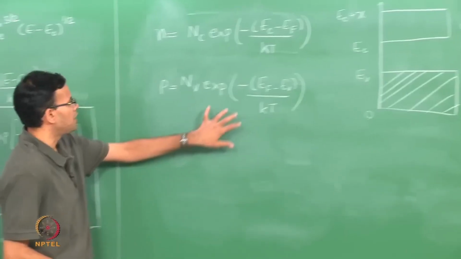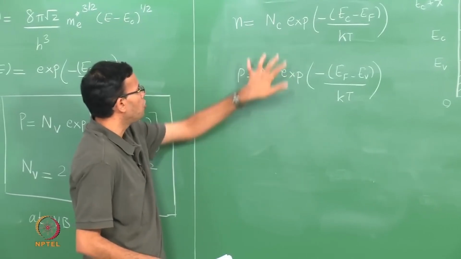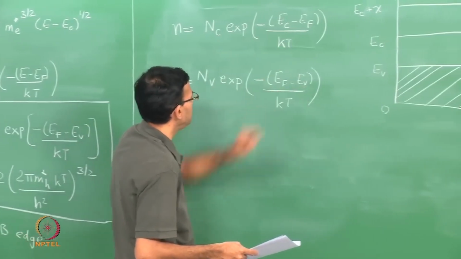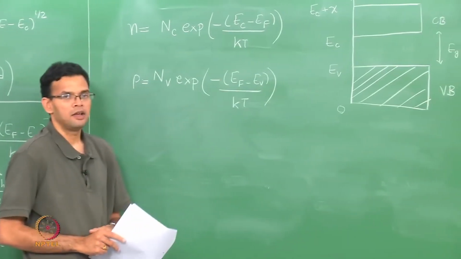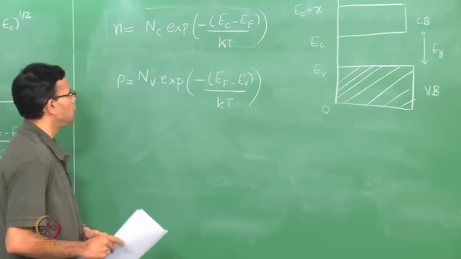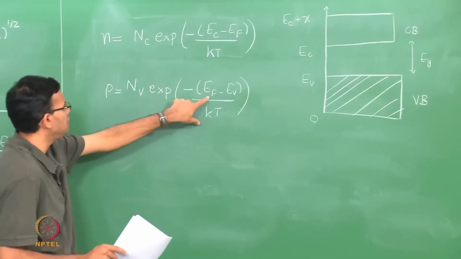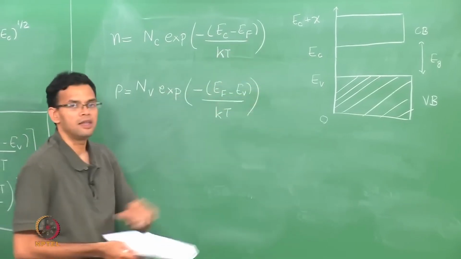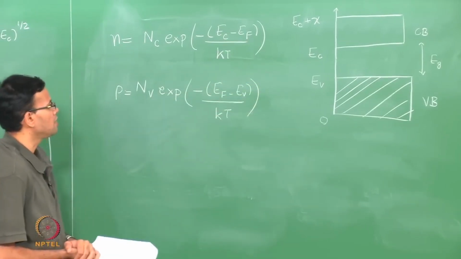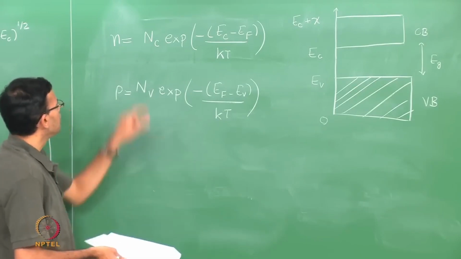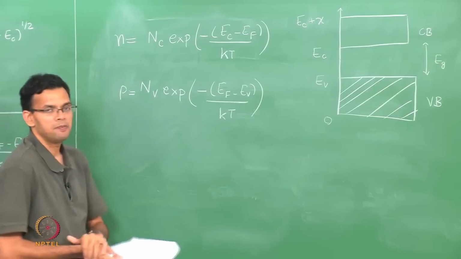So, here is your expression. As long as we know all these values Nc, Nv, Ec, Ev, we can calculate the concentration of electrons and holes. If you look at these expressions, the Fermi energy term Ef is in there, but I have not marked where the Fermi energy is. If you do not know where Ef is, you will not be able to calculate n and p.